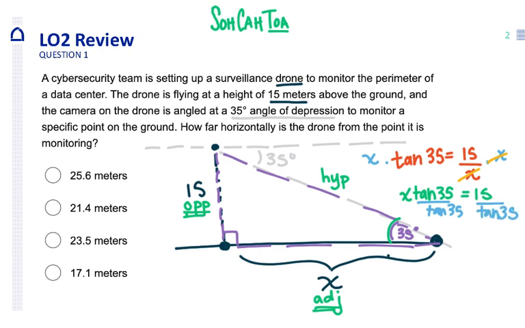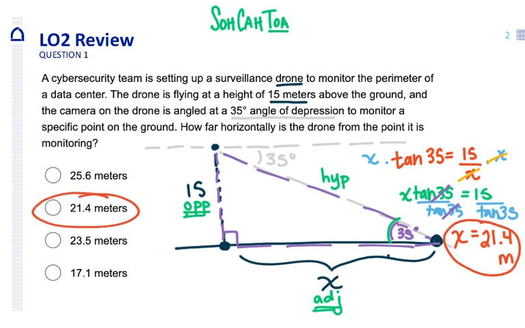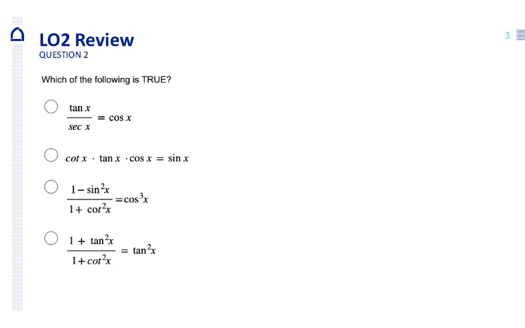On the left-hand side, when I divide by tan 35 on top and bottom, that disappears, and we will get a final value of x equal to 21.4 meters. Let's see if that's one of the choices. Yes, it is.